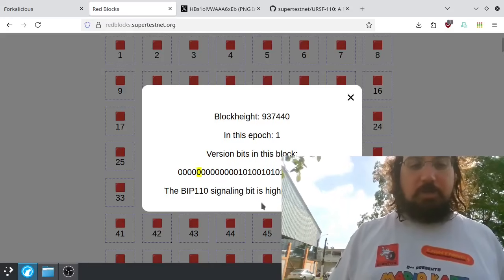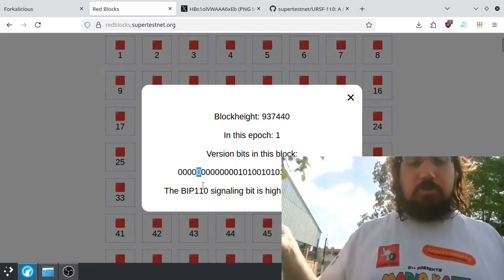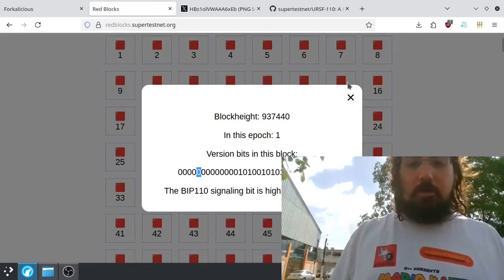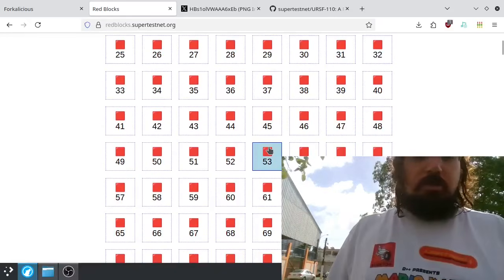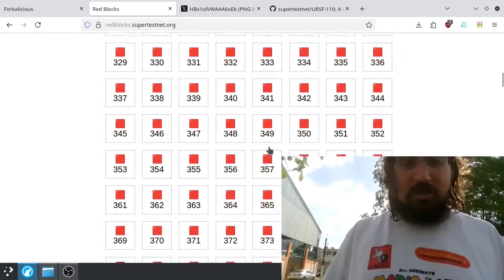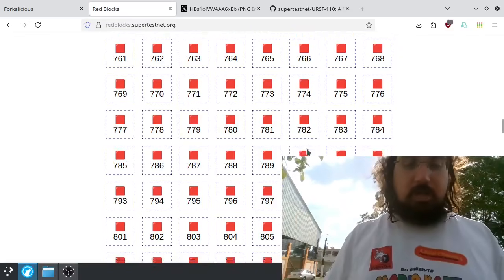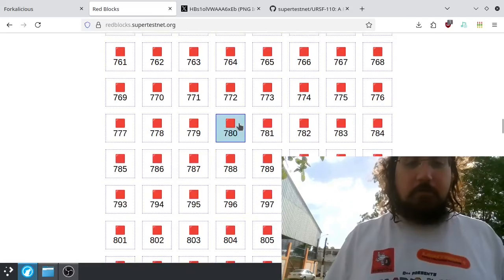And this particular bit is called bit 4. This is bit 0, 1, 2, 3, 4. Bit 4 is the one that we use for signaling for BIP 110. So if that was a 1, the block would be green. It would be a pro BIP 110 block. But as you can see, there are none. They're all red, and you can check that on the blockchain by looking at the version bits for any block header that comes out.